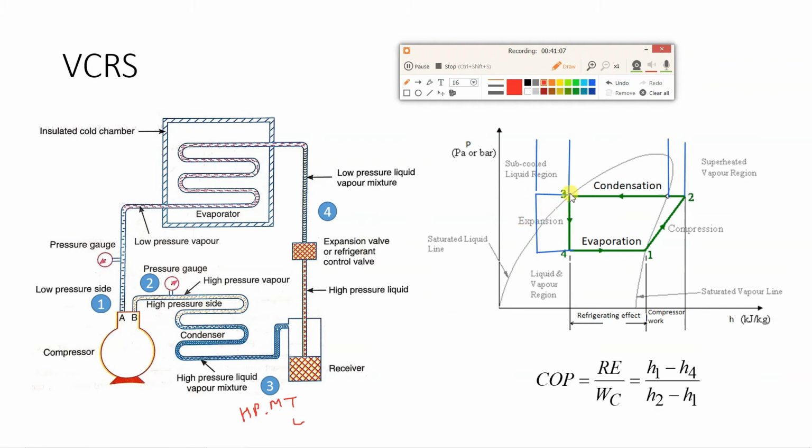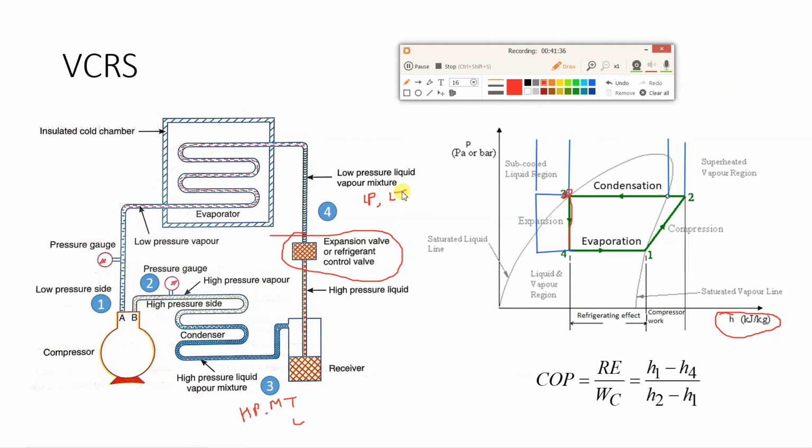Now from point 3 to point 4, there is isenthalpic expansion. Why isenthalpic? You can see on x-axis, enthalpy is remaining constant. So basically in this expansion device, 3 to 4, there will be isenthalpic expansion, where you can see pressure drops and temperature drops. Then at the exit of this expansion device, we will have low pressure, low temperature.